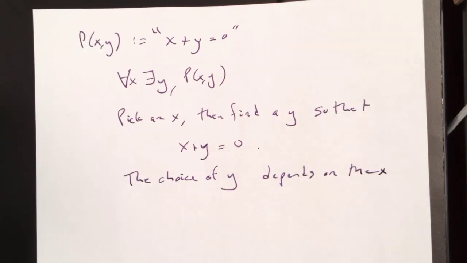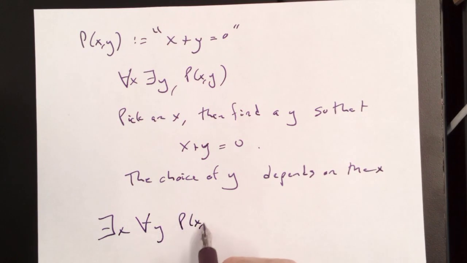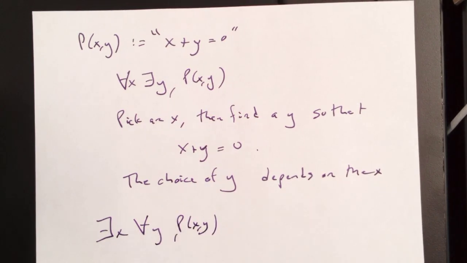But if I reverse those quantifiers, you only get to pick x once. There is some x that no matter what other y you add to it, the answer is always 0.